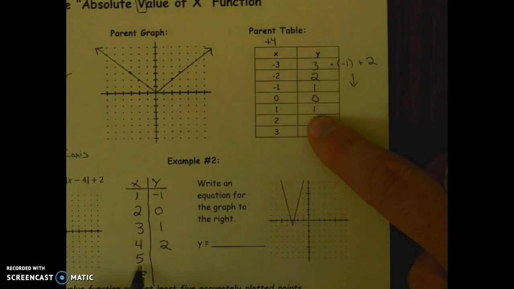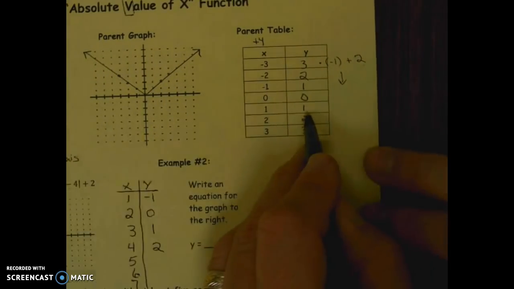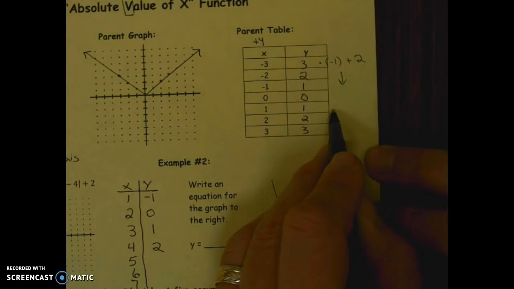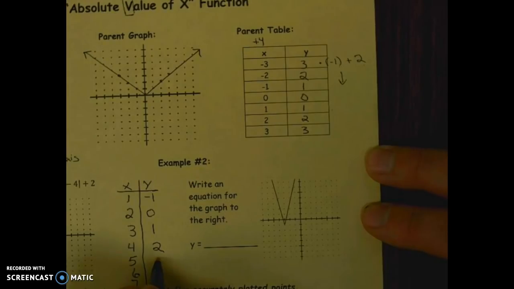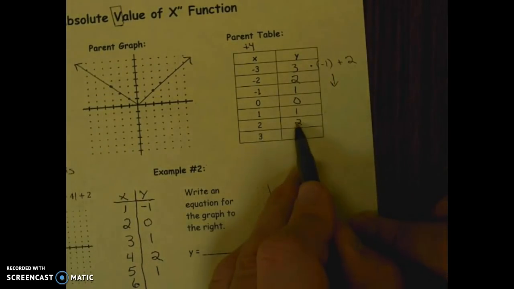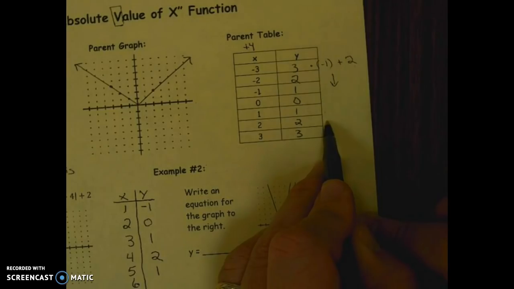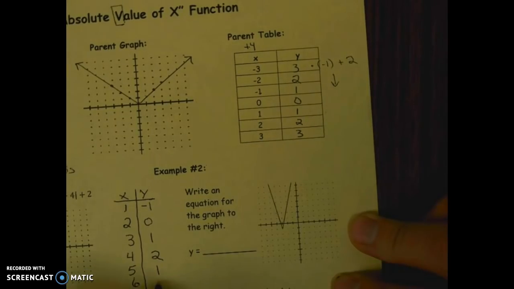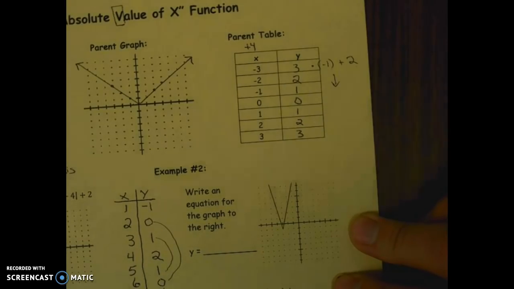Here I am. Okay, so 1 times -1 is -1. -1 plus 2 is 1. Notice the symmetry. So this one's going to be 2 times -1 is -2 plus 2. You can see the symmetry happening. So we're going to have -1 here.